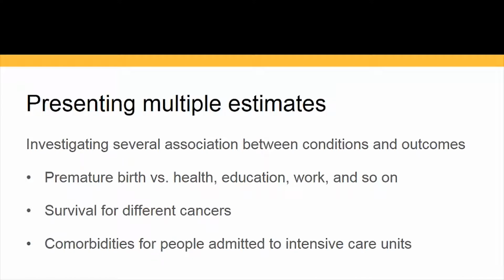For example, we may study the effects of being born prematurely on health, education, work, and so on. This would be one exposure and several outcomes. We could study survival for different cancers, and that means several exposures, so the cancer types, but only one outcome, survival, right?